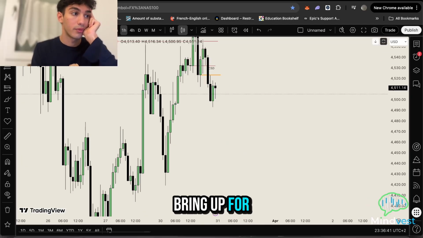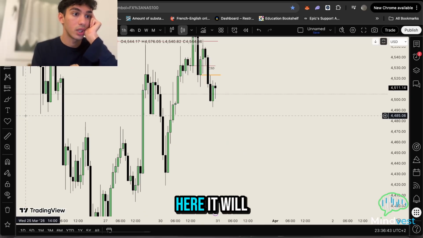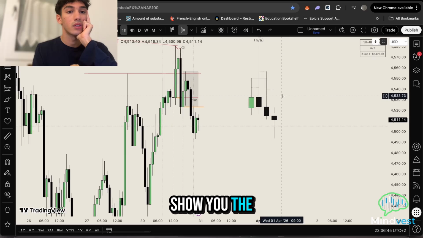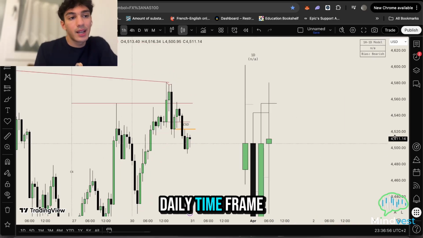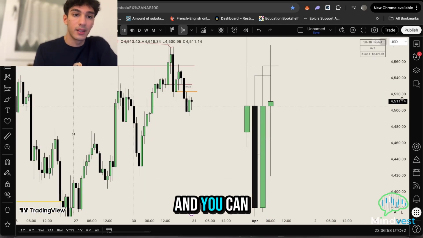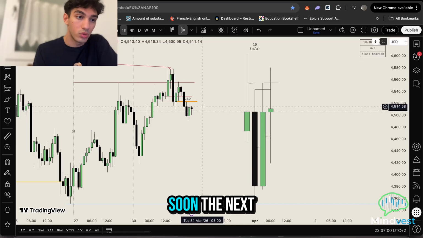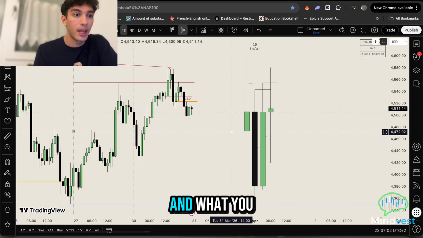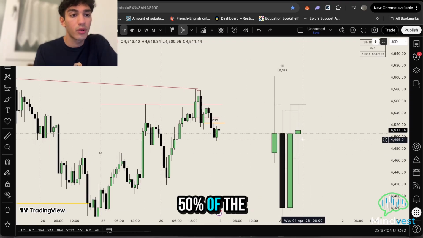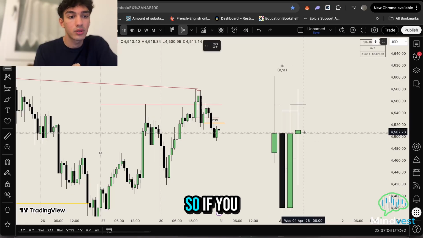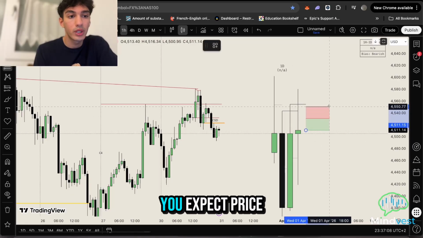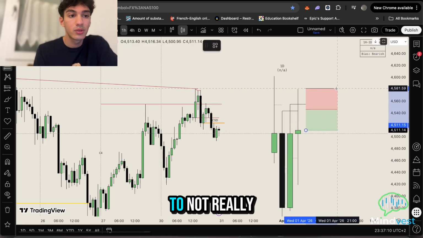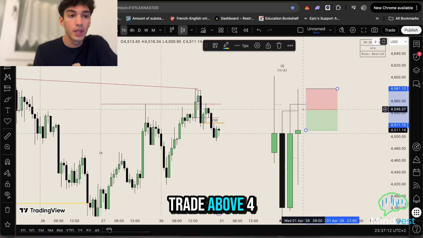So if you bring up, for example, this indicator here, you can see this is the daily time frame on the right hand side, and you can see the candle is going to open soon the next day. And what you want to see is 50% of the wick to be respected, right? So if you draw 50% of the daily wick, you expect price to not really trade above 45463.